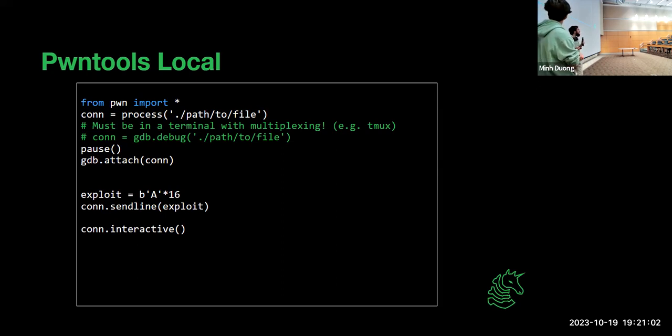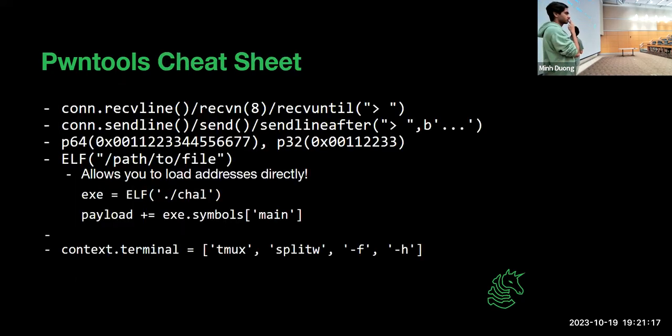I found this out recently. It also comes with the ability to pause your exploit, requiring you to hit enter in Pwn Tools before it moves on if you need to wait for things to happen. I've included on the slides, I'm not going to read everything off here, a little cheat sheet.